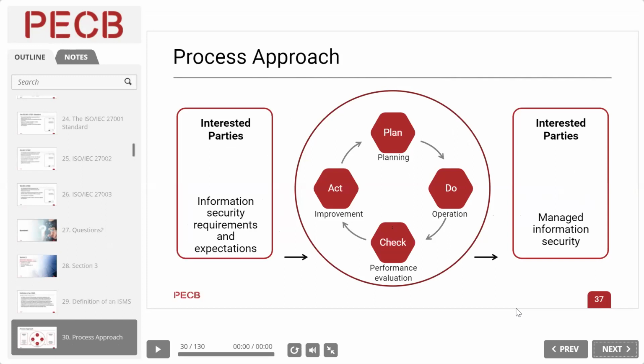Some of you might have heard of PDCA, Plan, Do, Check, Act. It's a process approach to ensure improvement within an organization.